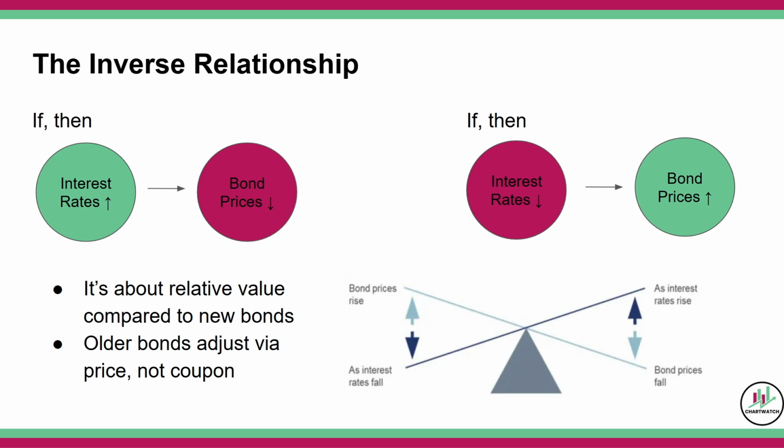This inverse relationship is what drives most of the day-to-day movement in bond prices, and it's why bonds can still be risky even if they seem safe on paper. So if you buy a low-risk bond, it's not necessarily safe because of interest rates. And 'safe' is in quotation marks.